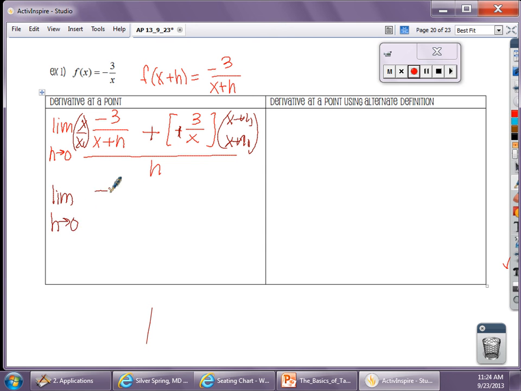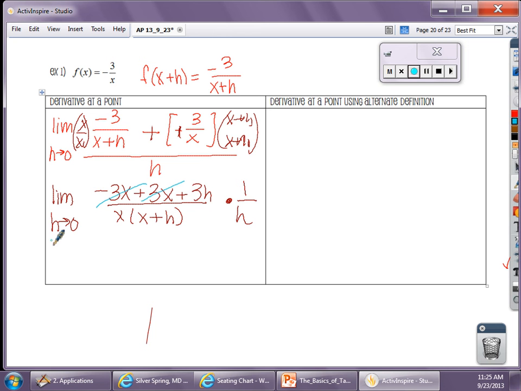Negative 3x on top, plus 3h, all over the common denominator, you see it, x times x plus h. I'm supposed to divide by h, what can I do instead? Multiply by 1 over h. Is anyone confused on what I did there? I don't want a stacked fraction, that's all. So negative 3x, positive 3x, they're going to cancel.